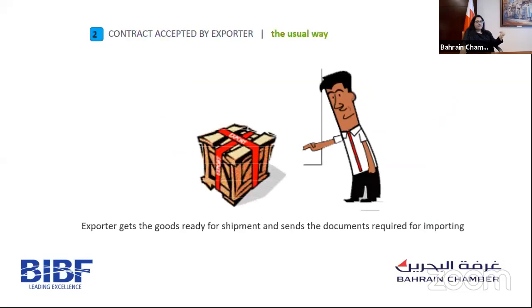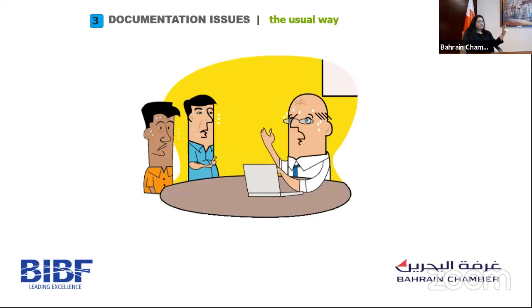The exporter ships the goods and the goods reach the importer's port. When he tries to take ownership of the goods, he is confronted by any number of issues. I'm very sure those of you involved in international trade are familiar with some of these problems.